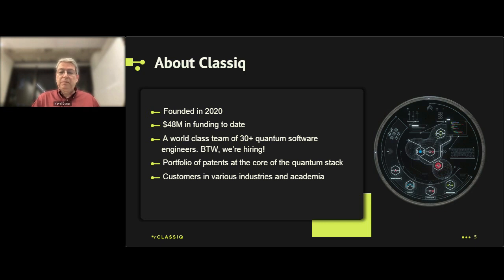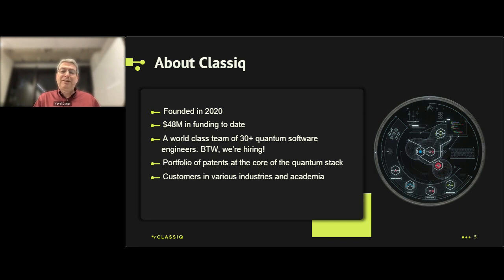A little bit about the company. We're about 2 years old, raised close to $50 million in funding. So there's definitely a lot of interest in this field. We've been very fortunate to assemble a team of over 30 world-class men and women, software engineers and scientists to help us build this platform. By the way, we are hiring for engineering, sales and marketing positions.